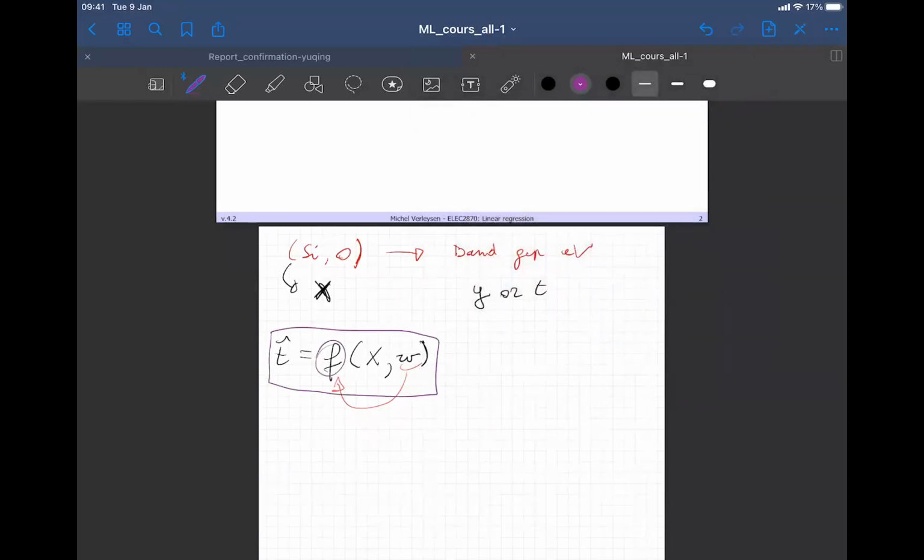For doing that, you have to learn, and learning means you give examples. So you give a set of x and t. Here it's not the t hat, it's the real t, the real target. So you have some material and the real band gap. Here is the approximation made by the model.